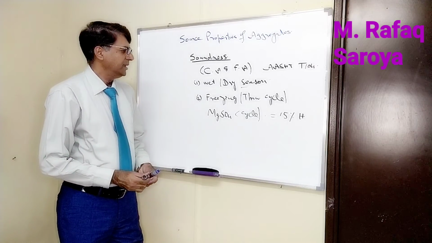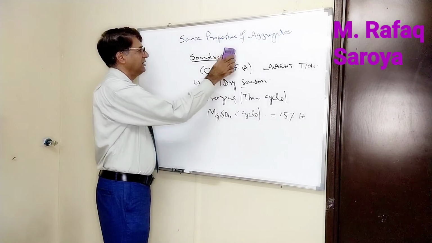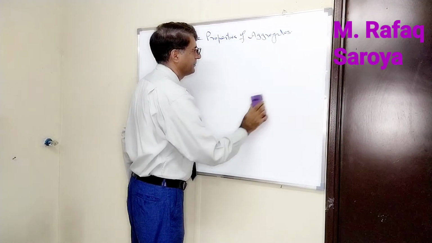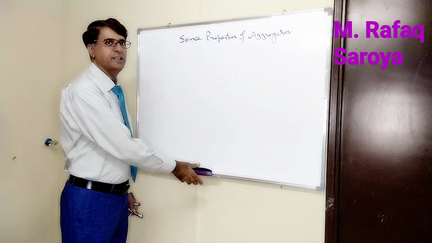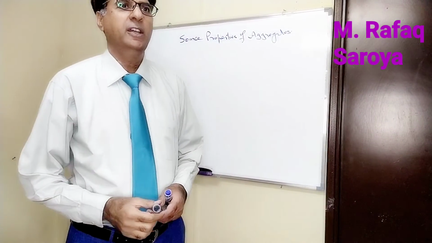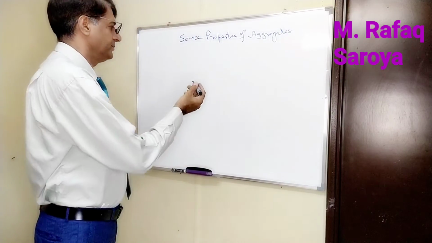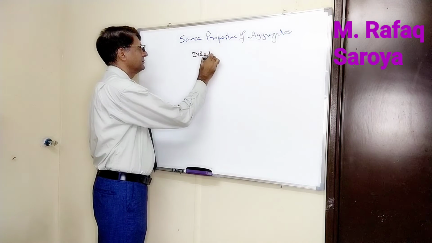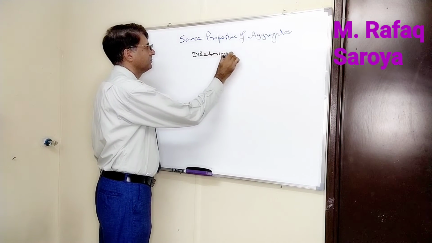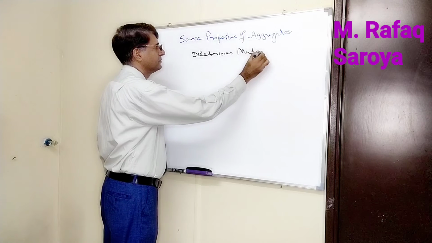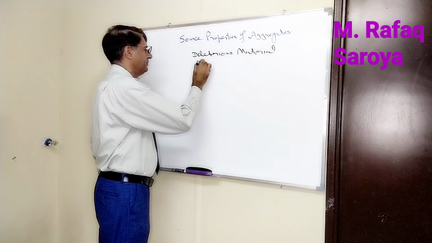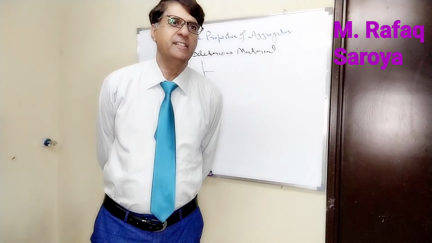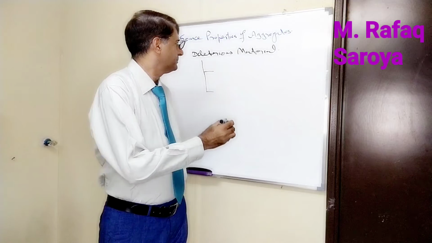Last one, very simple. This last one is the deleterious material. It is divided into two groups. First group is known as clay lumps.